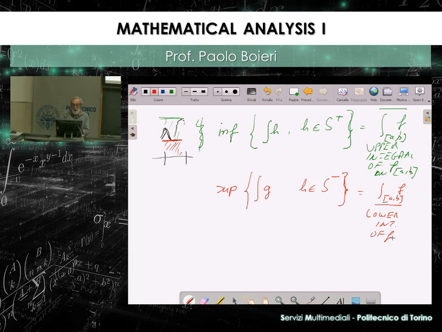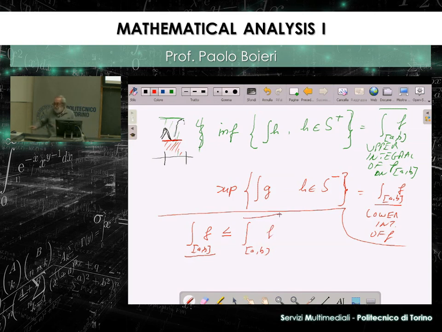It happens that in general, what I have? I have that the lower integral of f is smaller or equal than the upper integral, okay?